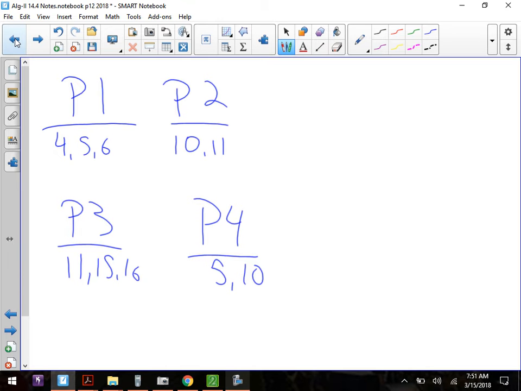On the second page, we had numbers 10 and 11. We'll look at number 10.